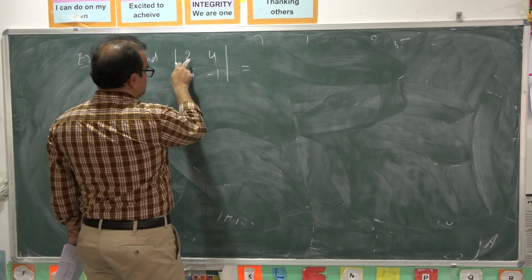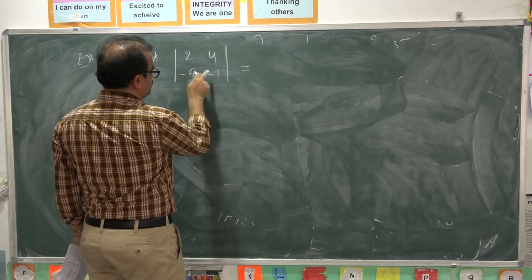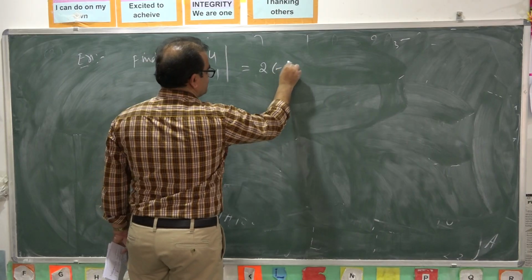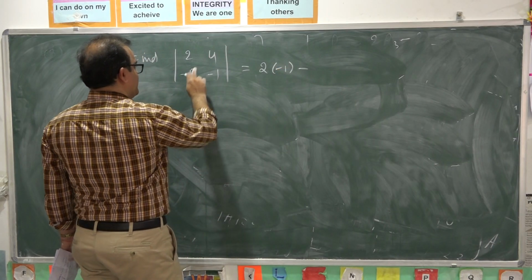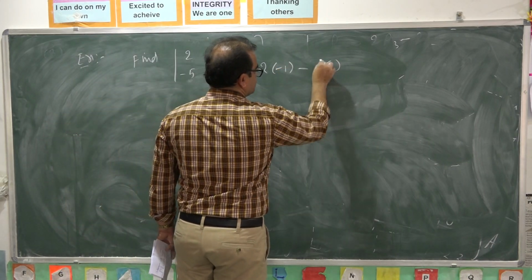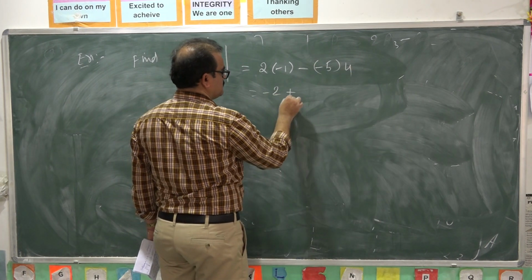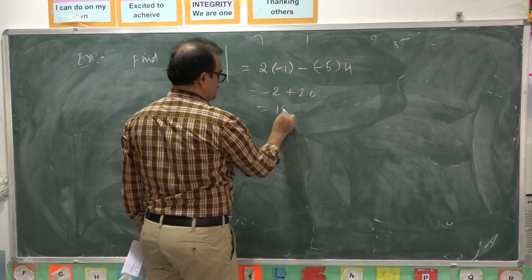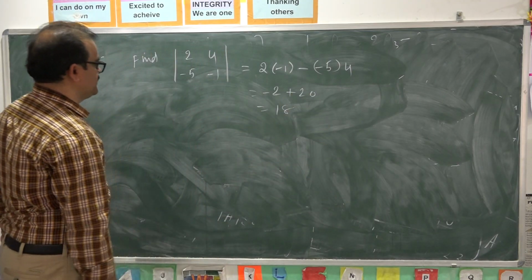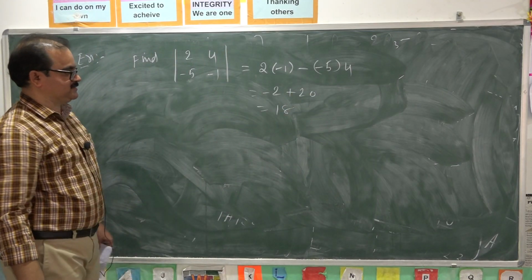Determinant is always represented by vertical bars. This is equal to multiplying diagonal elements 2 with minus 1, minus of minus 5 into 4, that is equal to minus 2 plus 20, that is equal to 18. That is the determinant of this 2 by 2 matrix.